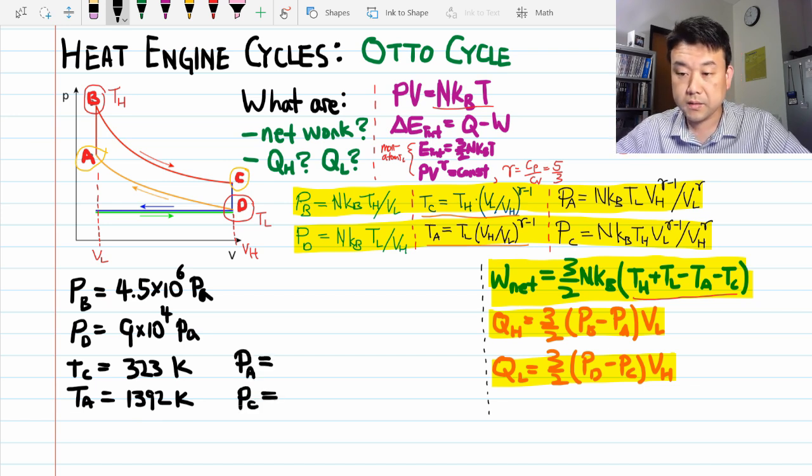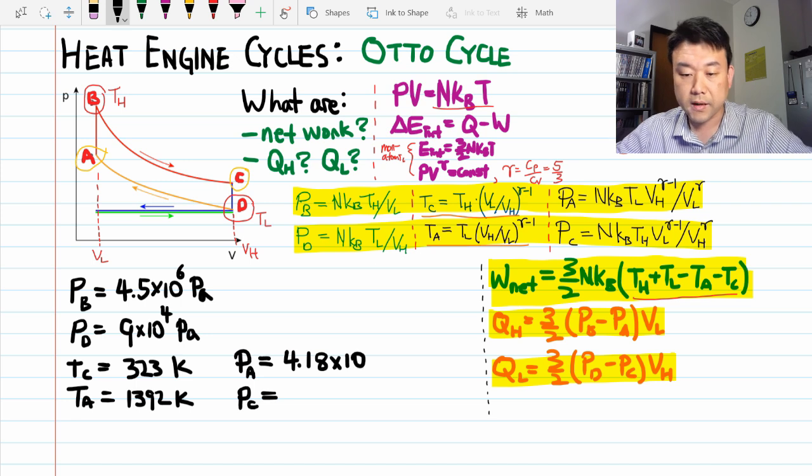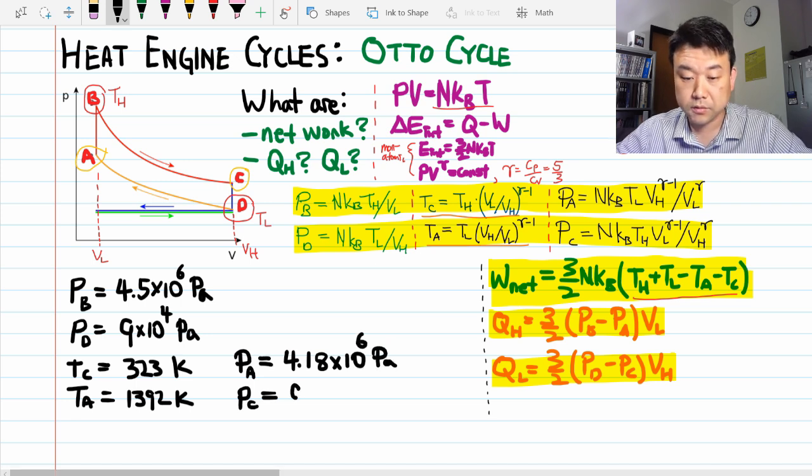So PA is NK times TL times volume at high volume raised to the factor of gamma minus 1 divided by VL raised to the factor of gamma. Putting that into my calculator, I get PA is equal to 4.18 times 10 to the 6 Pascals, and PC is equal to 9.695 times 10 to the 4 Pascal.